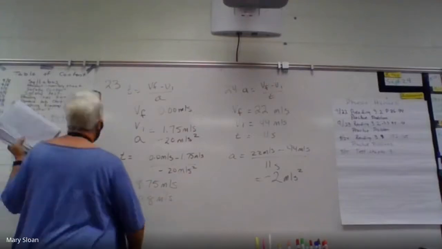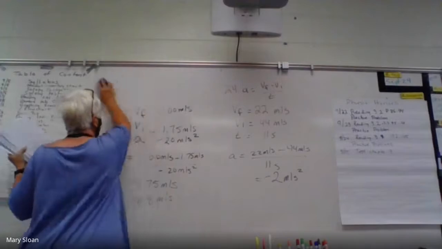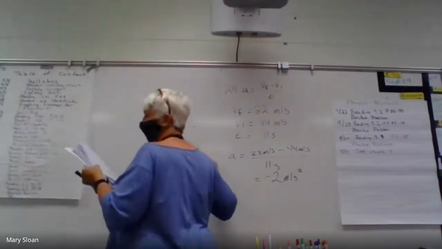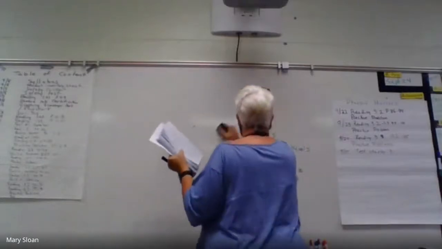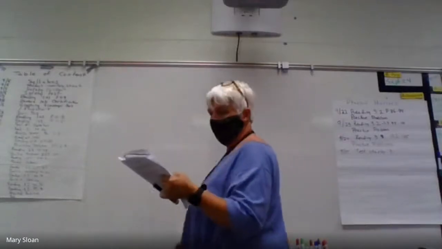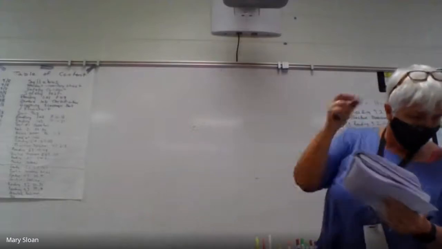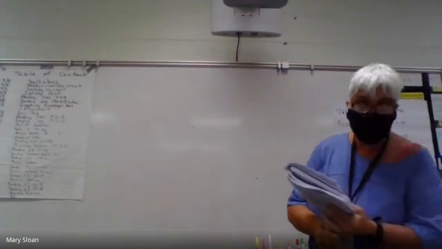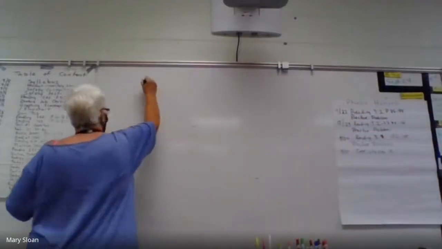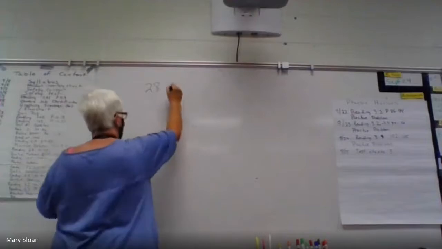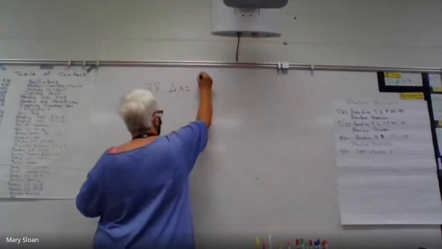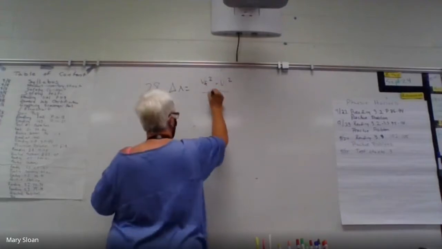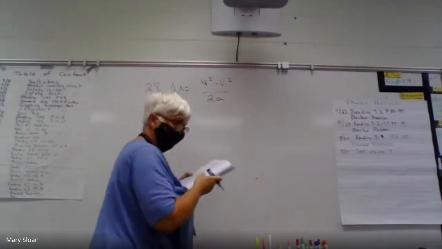Okay. So do you think if I give you the equation, you can do the problem? Yes, we can do the problem. Okay, let's see if we can. All right, so I'm going to do question number 28.